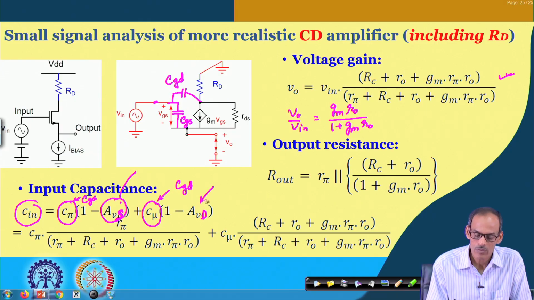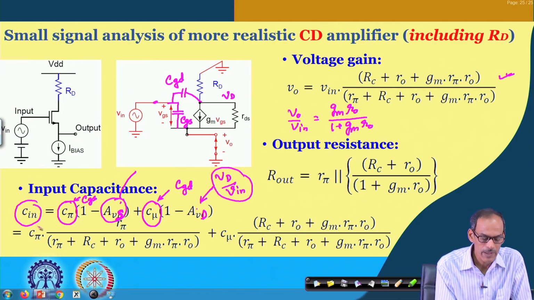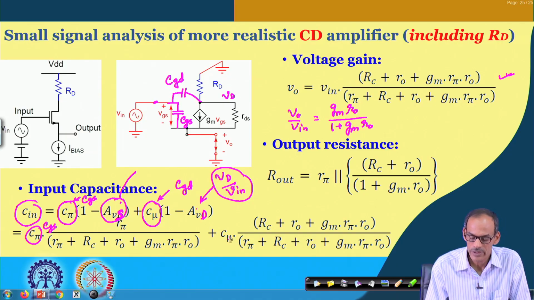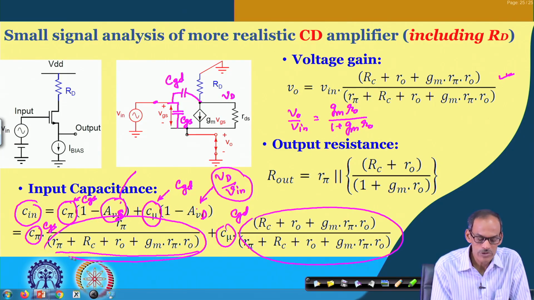Likewise, you can find the A V d, that is V d, the voltage here divided by V in. If you plug in that expression, what you will be getting is that C in is C G S multiplied by a factor like this, and then C G D multiplied by this factor.